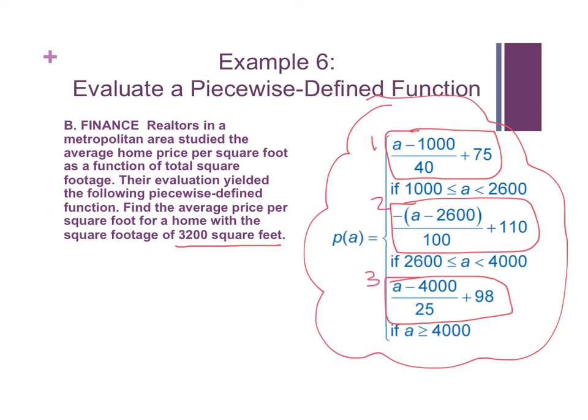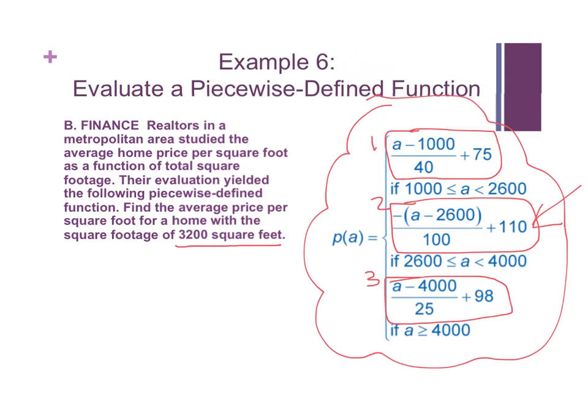Well, if you look at the domains that are given for each function, it's equation 2 right here. Equation 2 includes a domain of A equaling or greater than 2,600 square feet, but less than 4,000 square feet.